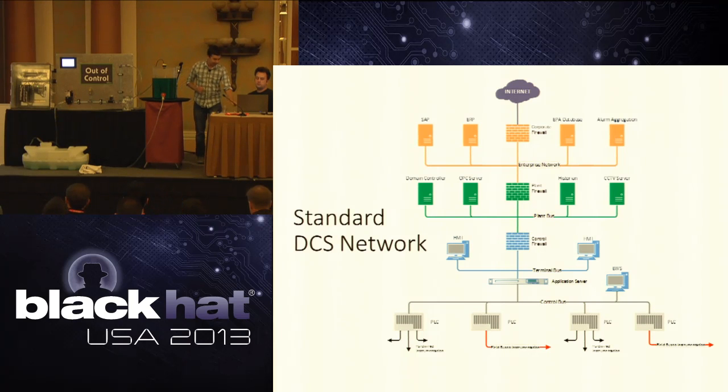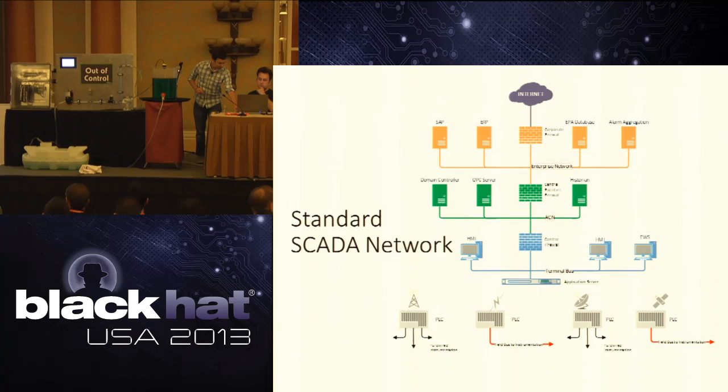SCADA is a little bit different. So when we look at SCADA, a lot of the architecture is the same, right? But the main differences are those gray guys down at the bottom. Those gray guys show us that usually these PLCs are geographically spread out.